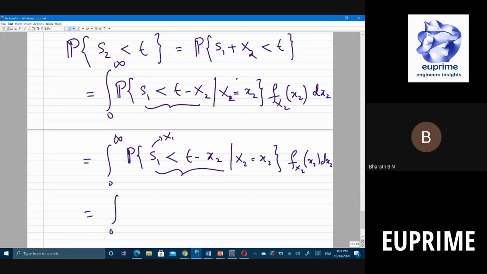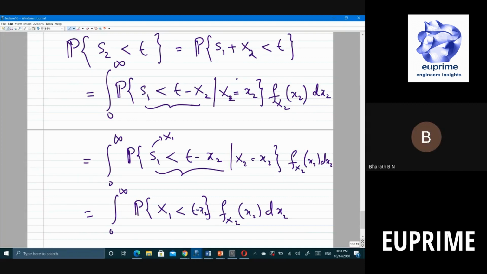So I can write this as the probability of X1 less than t minus x2, into the density of X2. It is from the memoryless property, right? Memoryless means independent, right? Yeah, X1 and X2 are independent. Did I make any mistake? It is t minus x2, right?